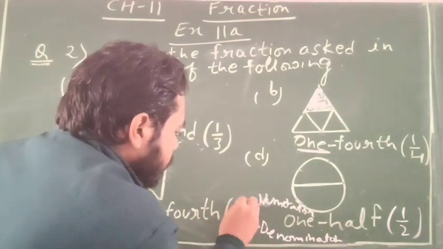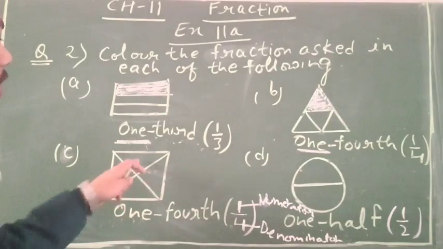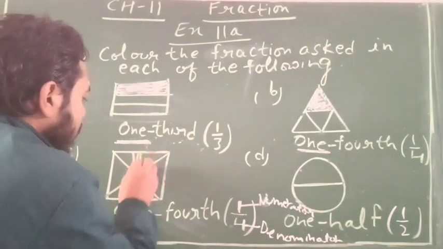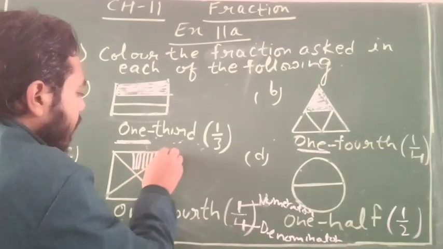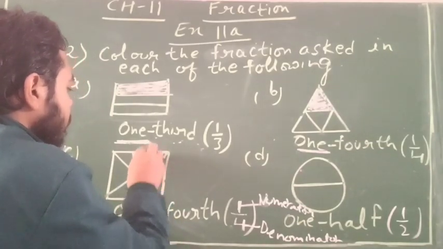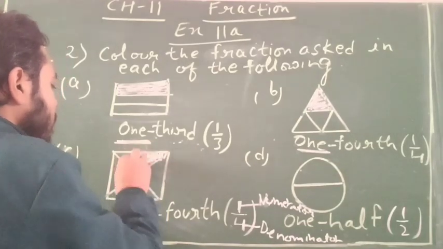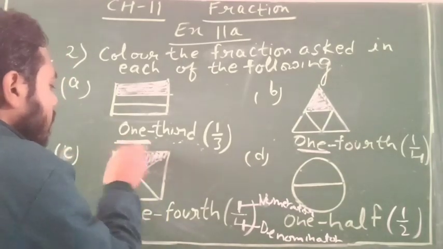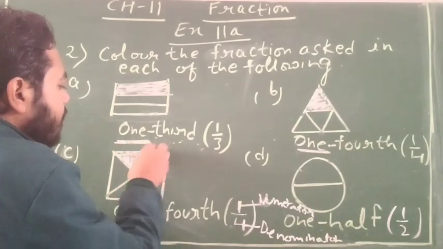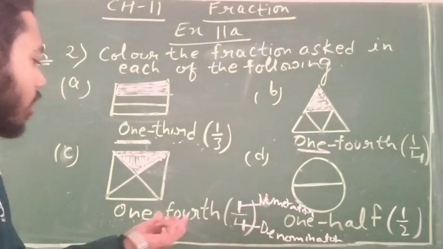Here the numerator is 1, so we color one part. So that figure is representing 1/4.